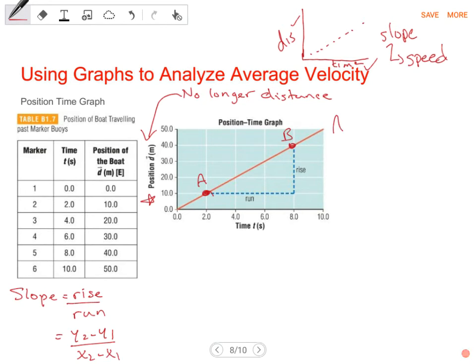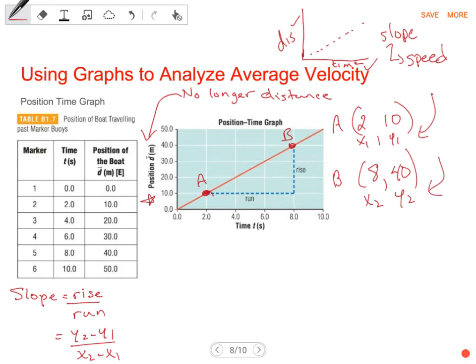The ordered pair for A would be 2, 10, and for B it would be 8, 40. So now if I use my formula, we'll go x1, y1, x2, y2. Those could be switched. These could have been the 2s and these could have been the 1s. It doesn't matter.